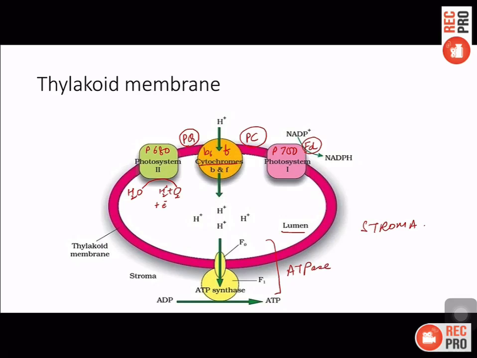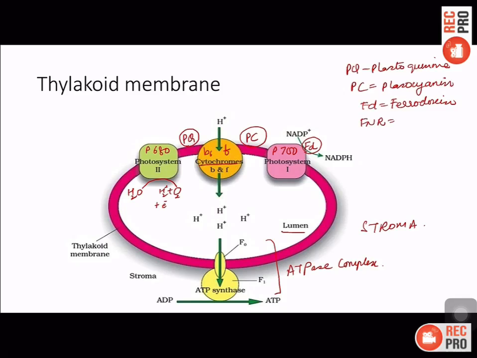Now on the lower side you can see there is a complex of F0 and F1 called the ATPase complex. This is the site from where the ATP will be synthesized. I am writing the names now. PQ means plastoquinone, PC is plastocyanin, and FD means ferredoxin, right?